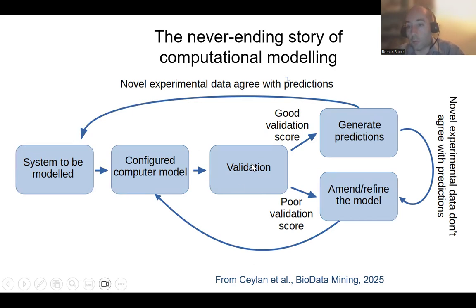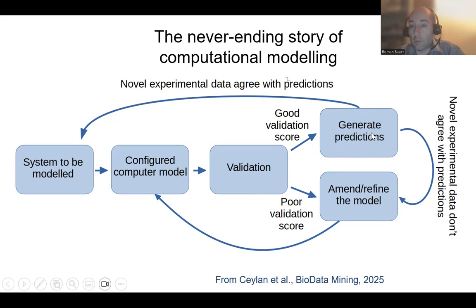And we do this by comparing with experimental data. And then what is also very important in this type of approach is that we can create certain predictions that were not included in the validation. And so those predictions then need to be, again, confirmed with new experimental data, right?